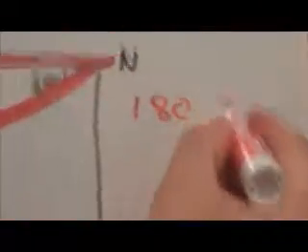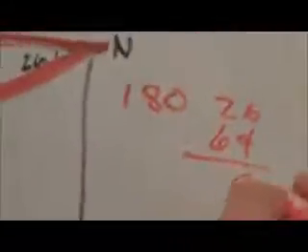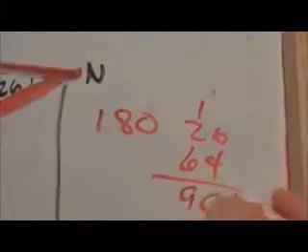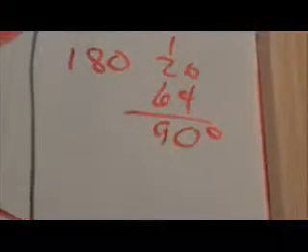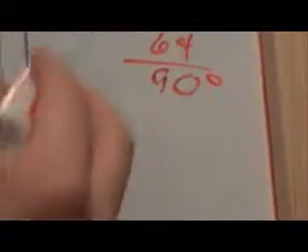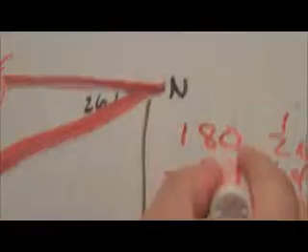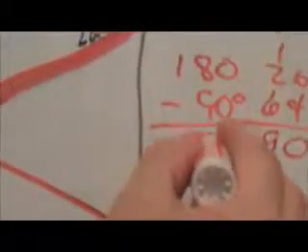I already have 26. I already have 64. Because I know what I have, add that up. Oh. Those two angles give me 90 degrees. I said this was a right angle here. 90 degrees minus the 180 leaves me with 90 degrees, and that's what that is, 90 degrees.